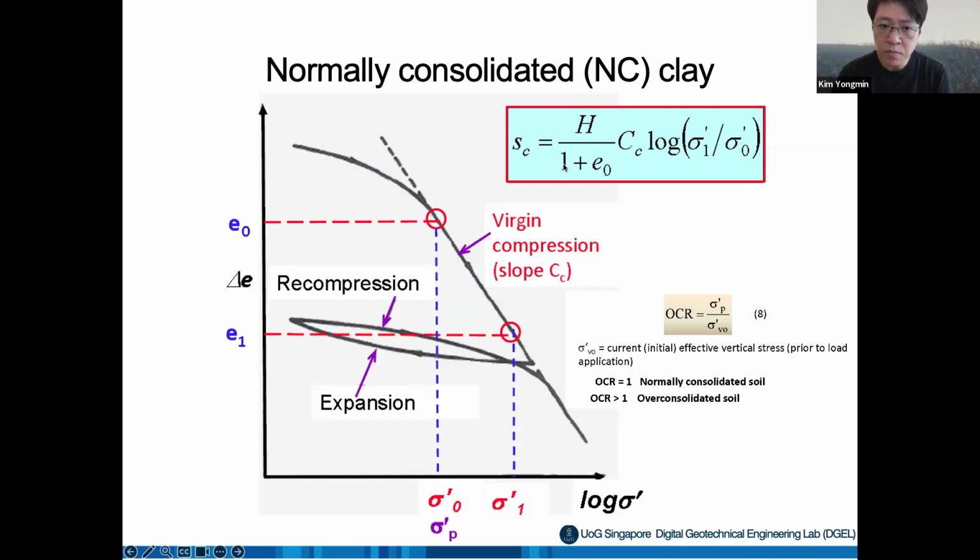So H over 1 plus our initial void ratio, Cc, log ratio of initial effective stress and final effective stress. In this case, initial effective stress is mostly identical to the pre-consolidation pressure. That's why it is NC clay.